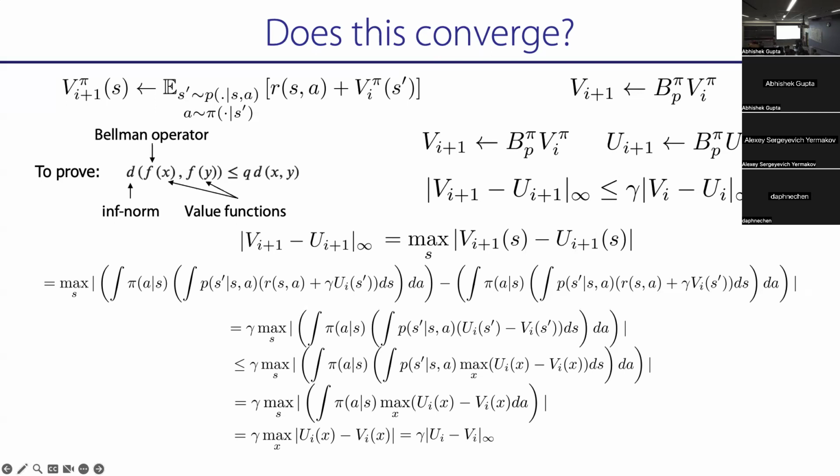And so it's saying that because of the contraction, you have a unique fixed point and repeating this procedure over and over and over will always get you to the optimum when you're in a tabular setting. So everything is countable, everything's in a table setting, you're great, and this gets you to the optimum. Which is kind of cool because this is a procedure which is not a gradient of anything. It's this fixed point iteration procedure, but it converges to the optimum.